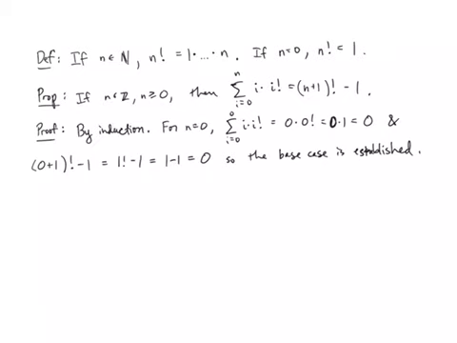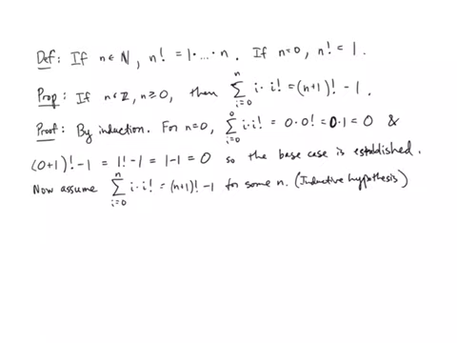Okay, now assume that the sum from i equals 0 to n of i times i factorial is equal to (n plus 1) factorial minus 1 for some n. Okay, and again, this is the inductive hypothesis.